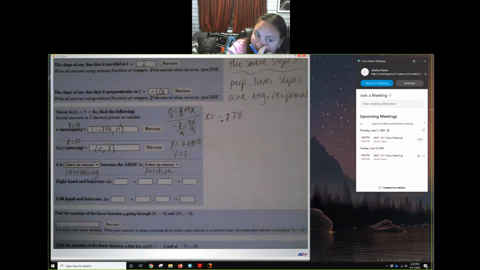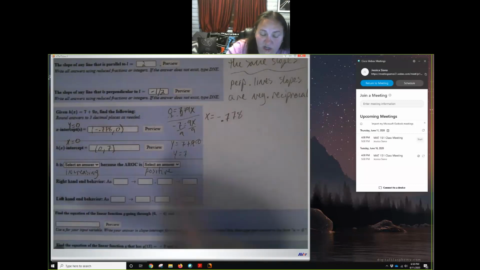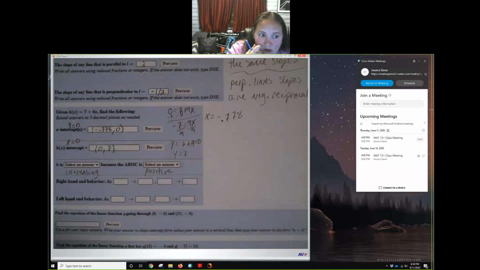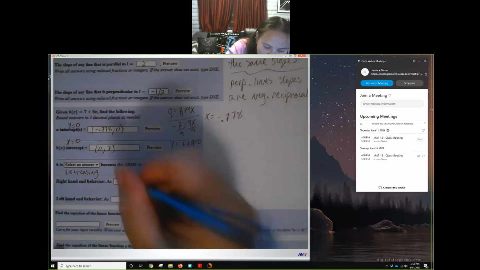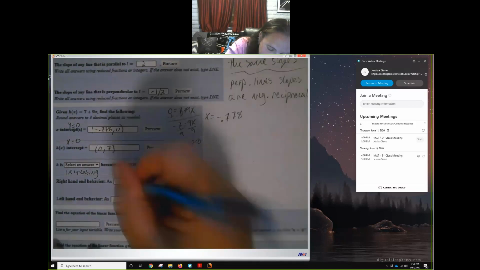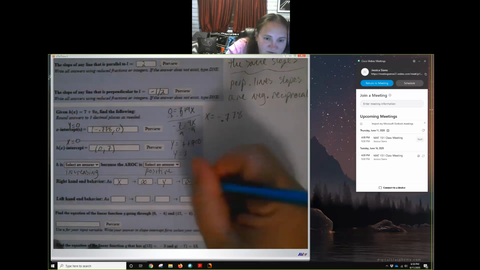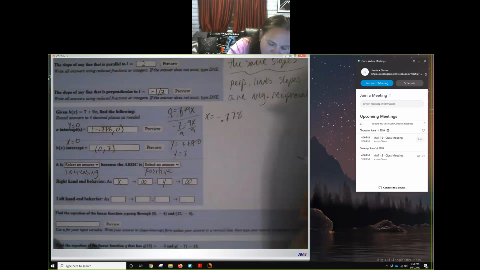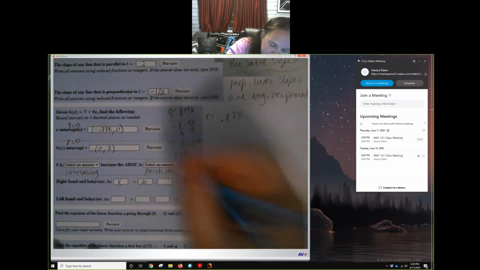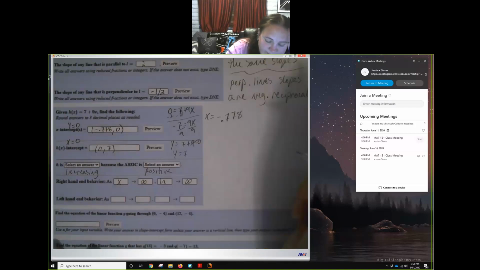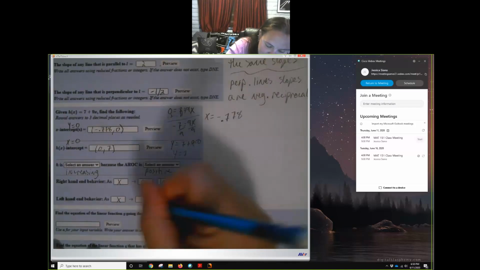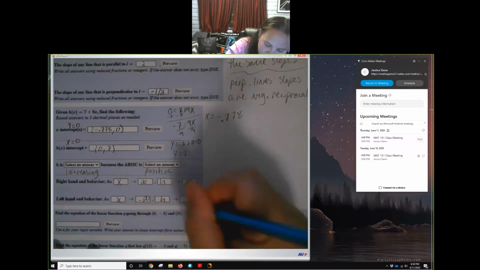With a positive slope or a positive rate of change, your line is going up, which means that your function is increasing. And a function that is increasing means that as x goes to infinity, y goes to infinity. Oh, this should be an h. And as x goes to negative infinity, h also goes to negative infinity.